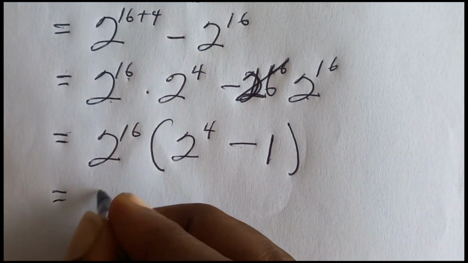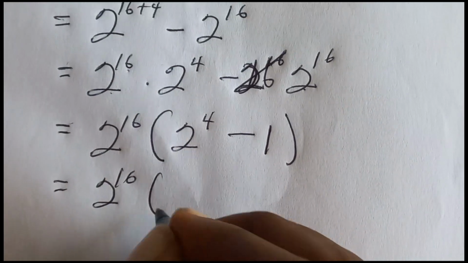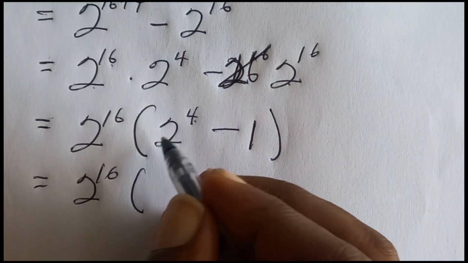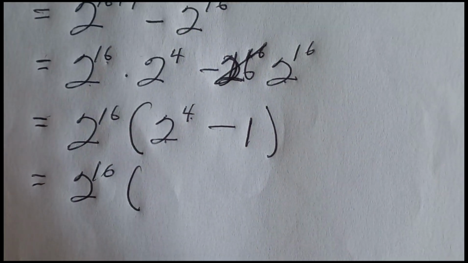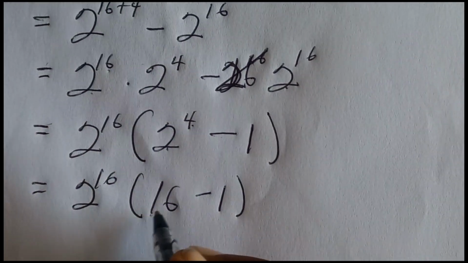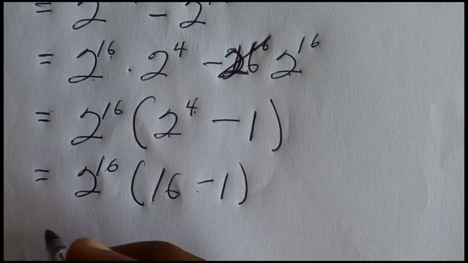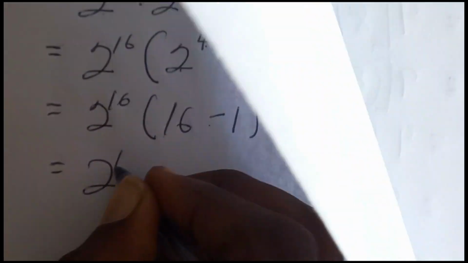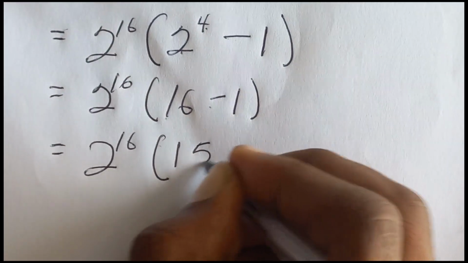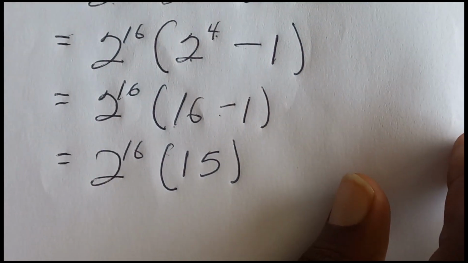We all know that 2 exponent 4 is 16. So 16 minus 1, and 16 minus 1 is 15. So we are going to get 2 exponent 16 into bracket 15, like this.